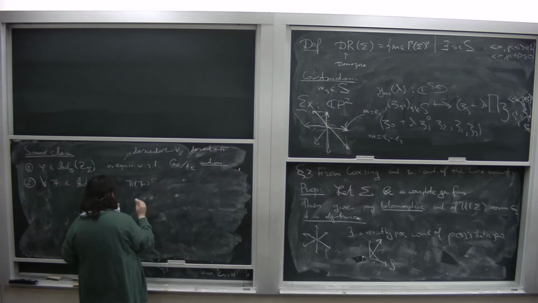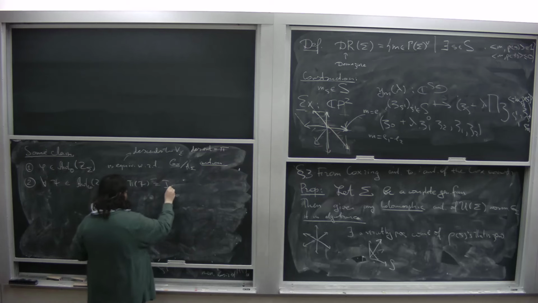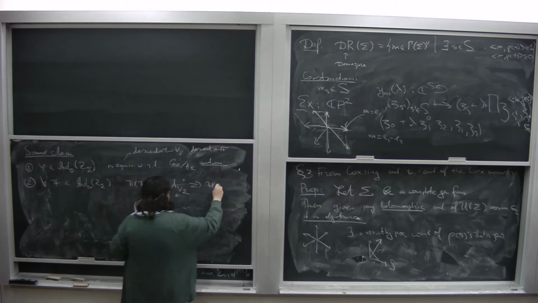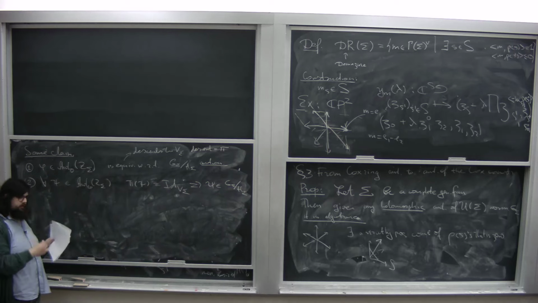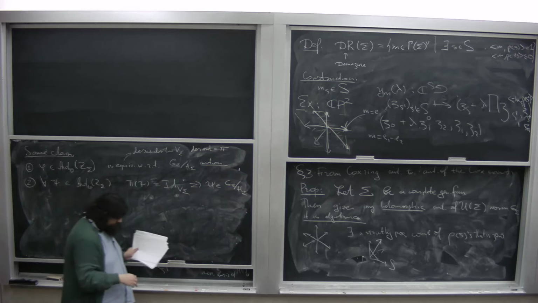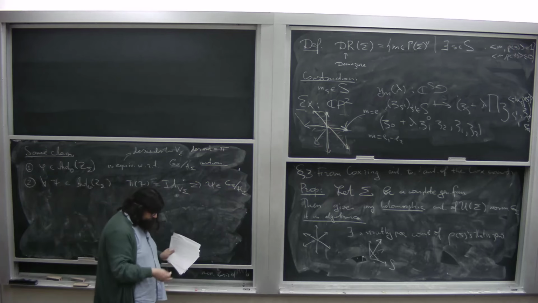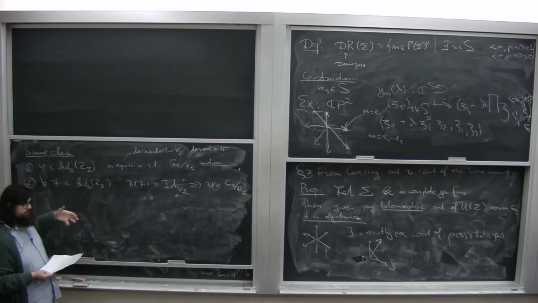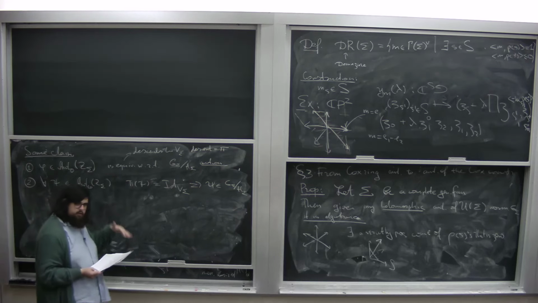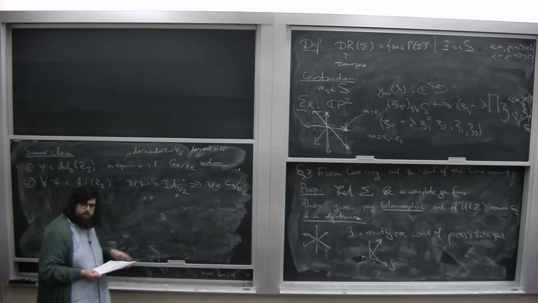So if pi of psi is equal to the identity on the toric stack for sigma, then psi belongs to G sigma mod H sigma. The reason for this is basically a compactness argument about the base. So there can't be a non-trivial transformation that preserves the fibers of this projection.